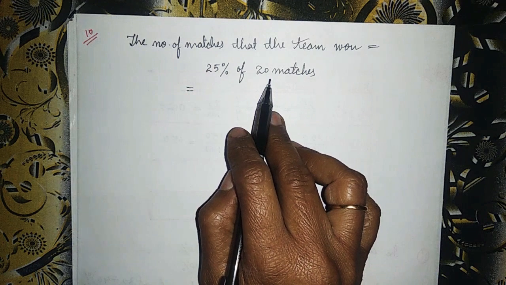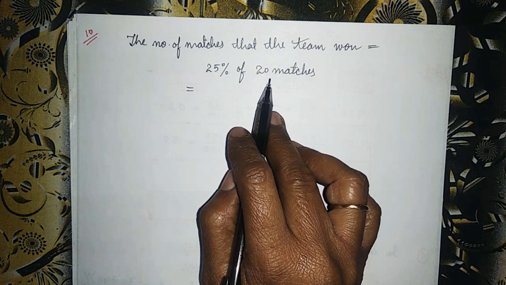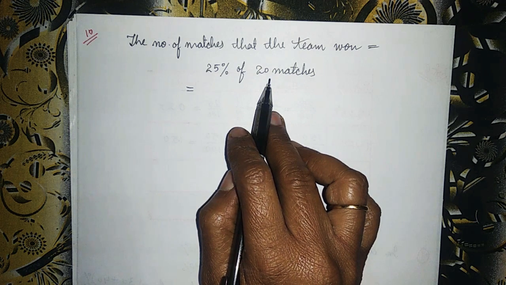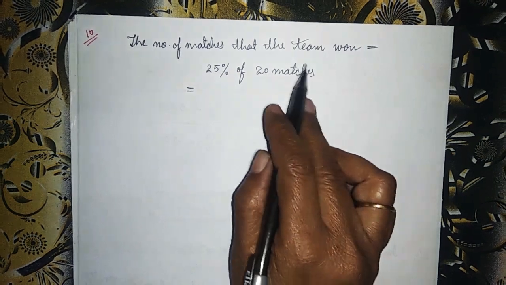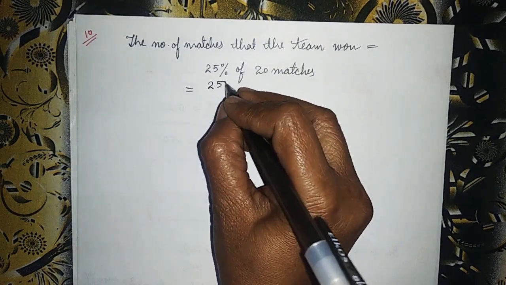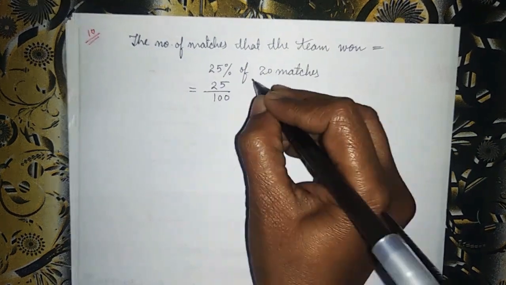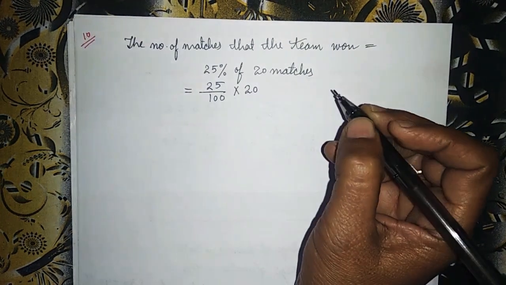For this, you see the question once again. A local cricket team played 20 matches in one season. It won 25% of them. Okay, 25% of them means 25% of 20 matches. Okay, now we will solve it. 25 upon 100. For of we will put the multiply sign and then here 20.